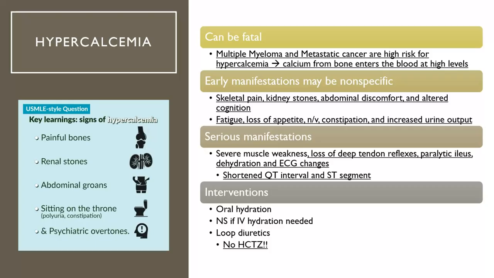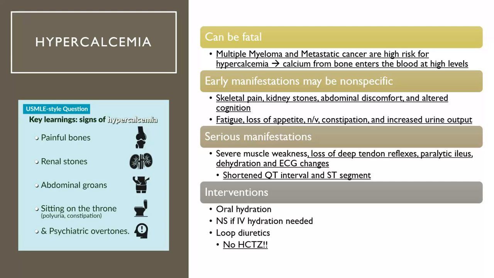Early manifestations could be non-specific, so you could have some pain. Remember your stones, groans, bones, thrones, psychiatric overtones; those are going to be early manifestations. So skeletal pain, kidney stones, abdominal discomfort, altered cognition. You can have some fatigue, loss of appetite, constipation, and increased urinary output as your body tries to get rid of the calcium.